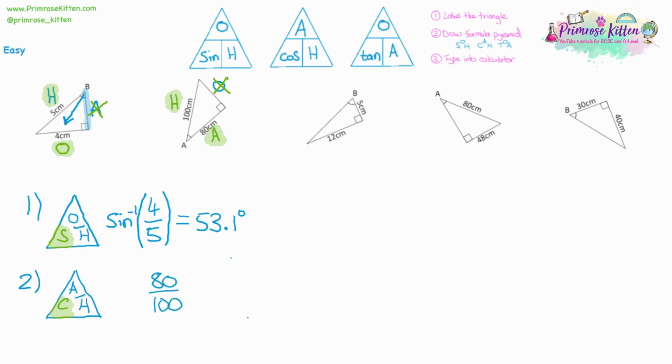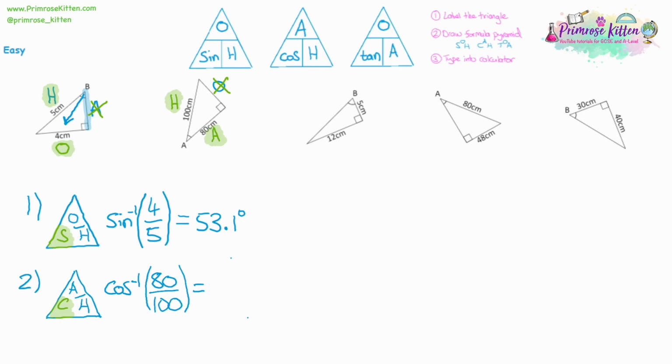Now, before we type into a calculator, remember we do need to use these trigonometry letters on our calculator. They're going to look up things for us, the ratios of the sides and angles to get us our answer. We've covered up C for cos, so we're going to type in cos to the power of -1 on our calculator. So press the shift or second function button, whatever your calculator needs.